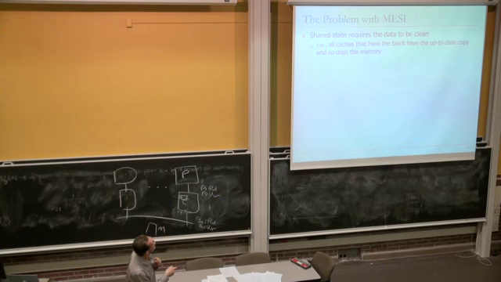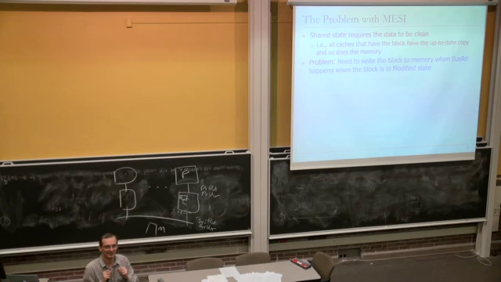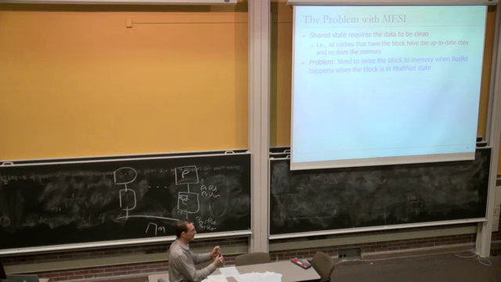Well, what does this mean? Shared state requires the data to be clean, which means that all caches that have the block have the up-to-date copy, and so does the memory, if you were going into the shared state. The problem is, if that's your definition of shared, you need to write the block to memory when a bus read happens while the block is in modified state, right? Because one processor has modified data.